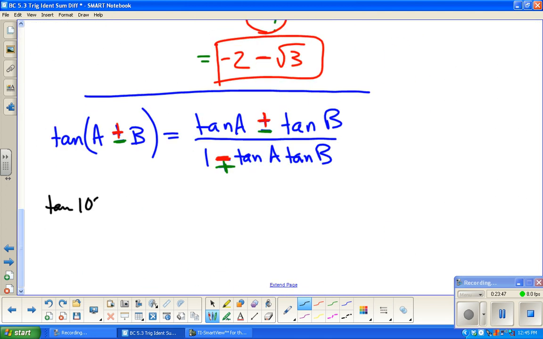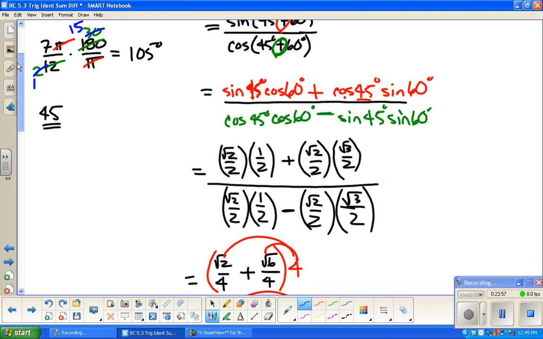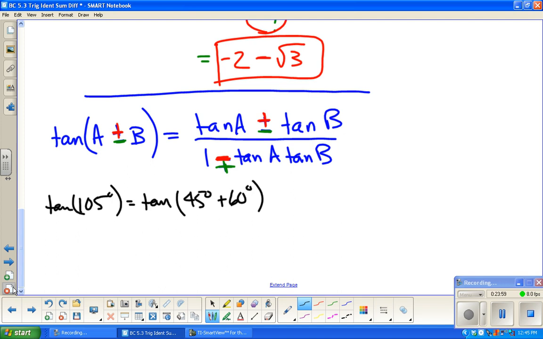Tangent of 105, which we broke up into the tangent of, I believe it was 45 plus 60. Okay, 45 plus 60, yep, okay. All right, I'm going for broke. Following the rule. Okay, so this is A. Okay, so tangent of 45 plus, because it's the same sign.